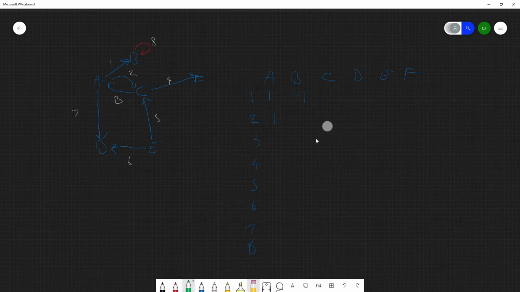You could do 1 and 1, like this, which to me makes sense, but people who made it said let's not do that. 3, this is a -1 on A and a 1 on C. 4 goes between C and F, so we have a 1 on this and a -1 on that. 5 is this one, so we're between E and C. 6 is E and D. 7 is A to D, and 8 is B to.